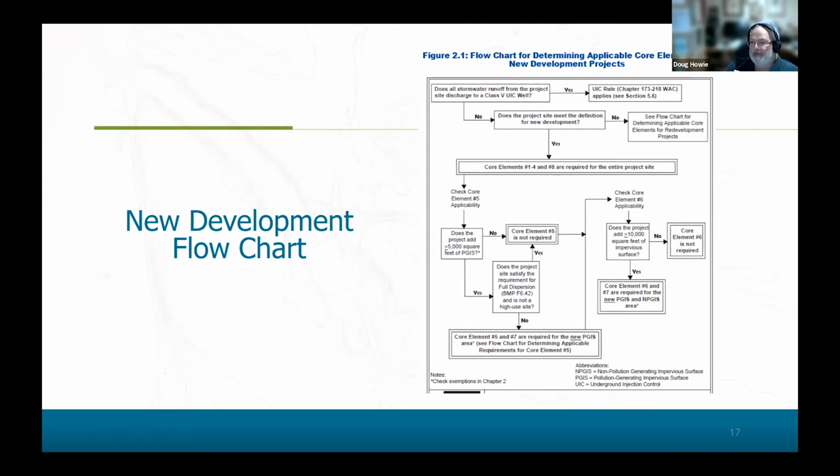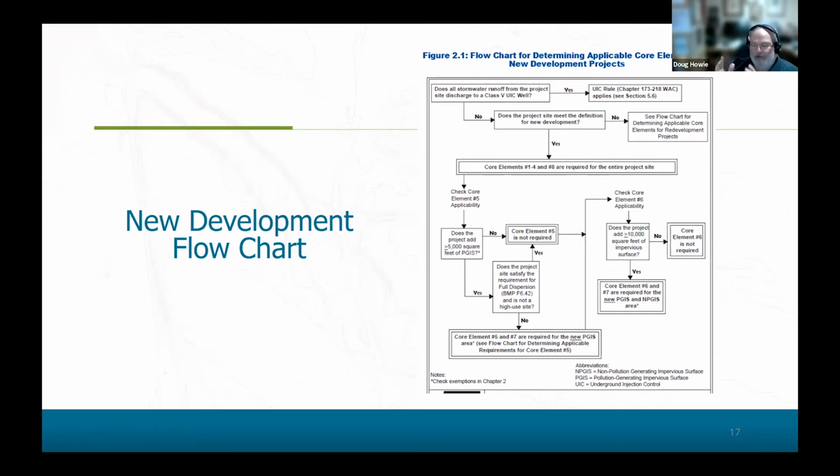And if it is not a high use site and is full dispersion, then core element 5 is not required. But if you are not doing full dispersion and it is a high use site, then you have to do core element 5 and 7. 5 being treatment, 7 being O&M for the new PGIS.